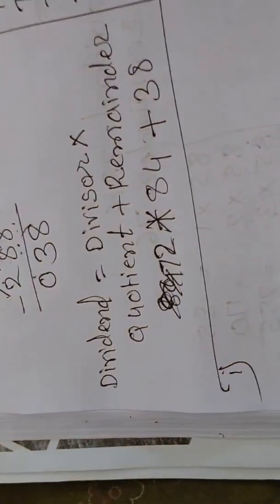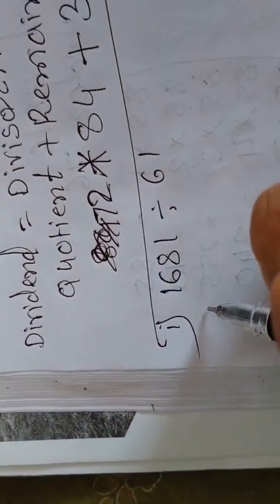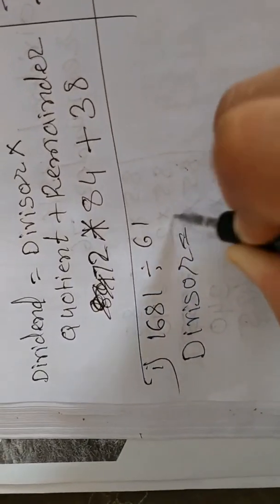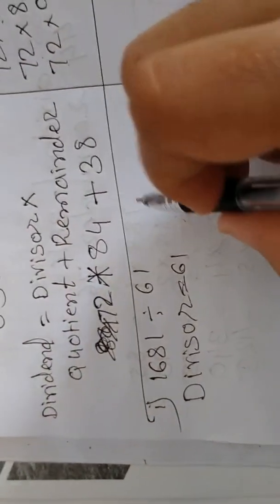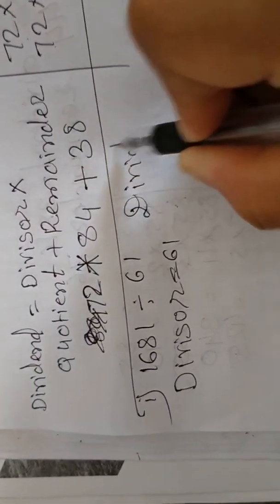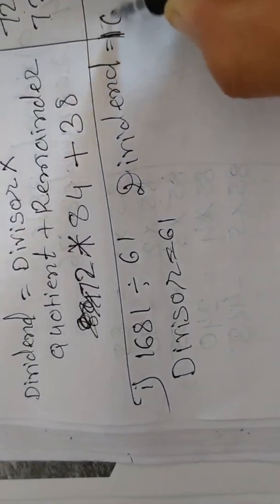Next sum. So students, in that sum we have to write here 1681 divided by 61. So first of all we have to find the divisor is equal to 61, then the dividend is equal to 1681.